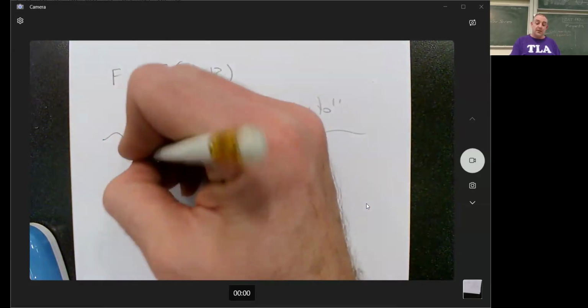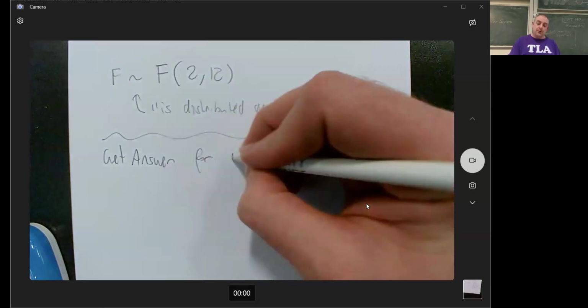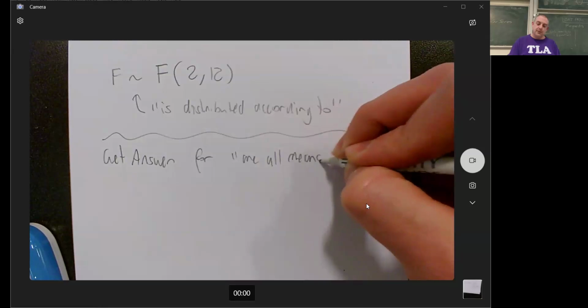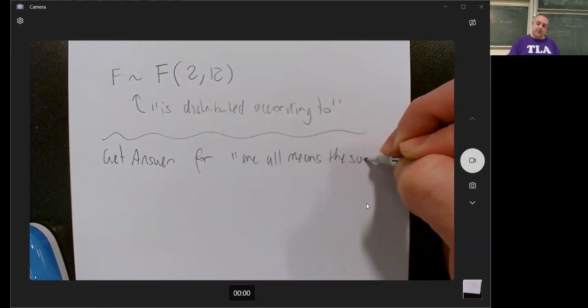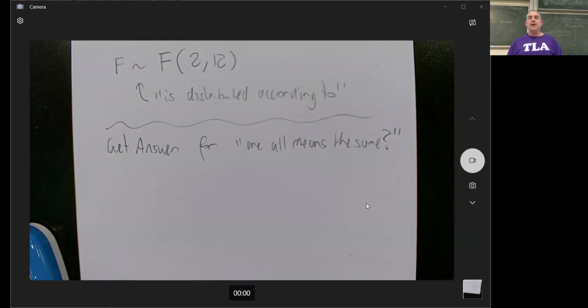So you will get an answer for, are all the means the same? But you will not get an answer for is this mean different to this mean? And you will have to ask all of those questions separately.